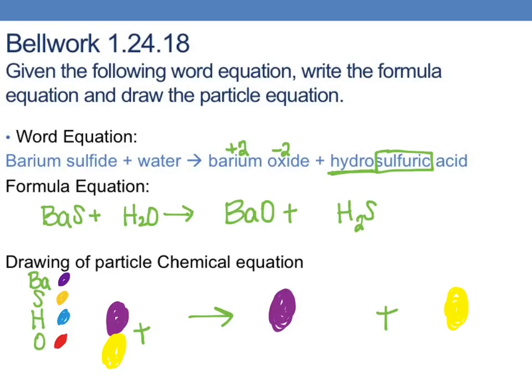Now we have our H's, so I need 2 H's. That's not an H, need blue. So I have an H here and an H here, and those are hooked up to our oxygen, which is red. And then I have it over here on my sulfur. And then lastly, I have my oxygen with my barium.